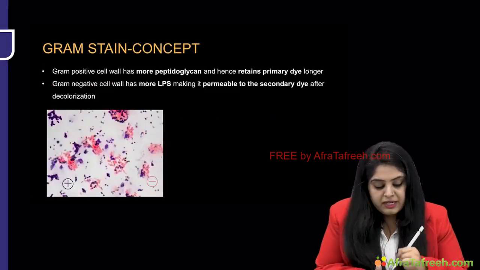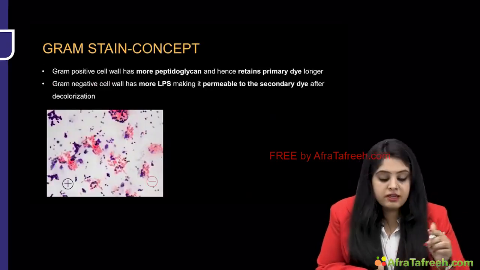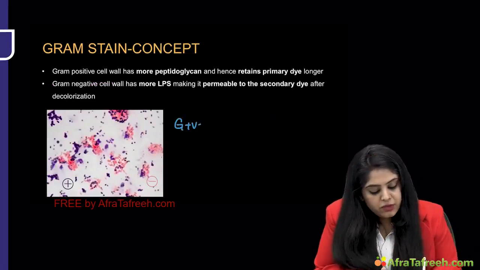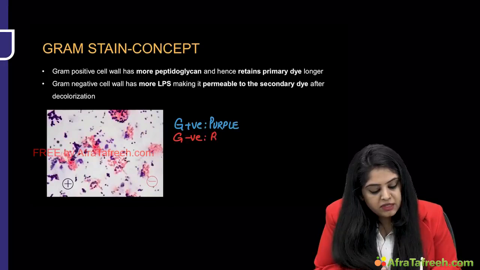Obviously, what is coming to your mind next is, what was the reason? Why is it that the gram positive organisms remain purple, while the gram negative organisms gave away their color and later became red?